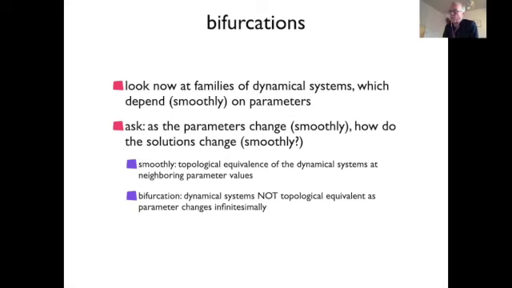And what we're interested in is to say, to which extent do the solutions of the dynamical systems also depend smoothly on the parameter? Or is it possible that sometimes a smooth change of the underlying dynamics can lead to an abrupt change of the solutions? And those will be the instabilities that will be important.